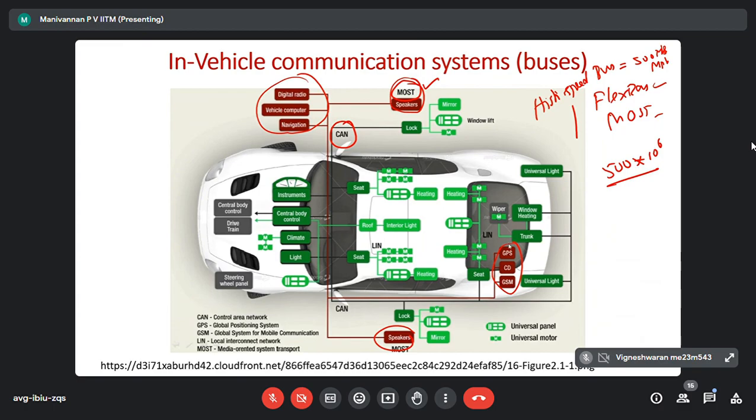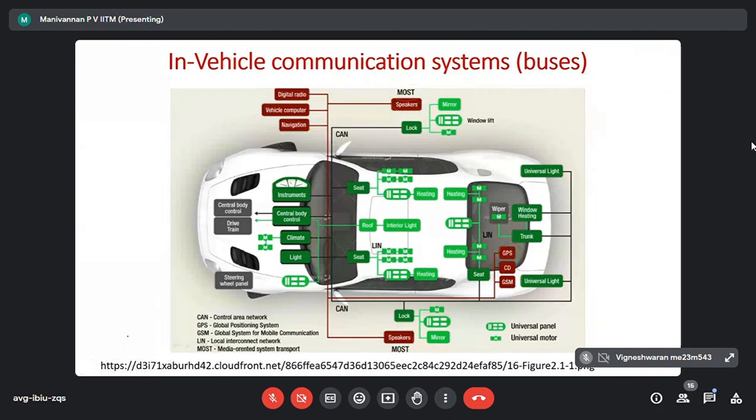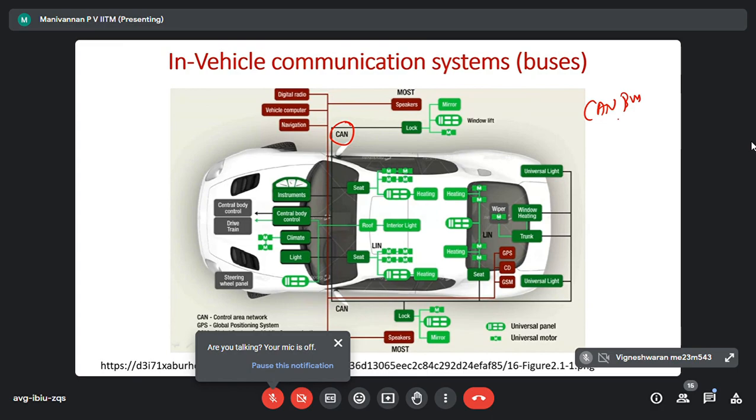Again, it is a wired bus. It is a high-speed bus. Next is the CAN bus. CAN bus speed can generally be 500 kbps to 8 Mbps.